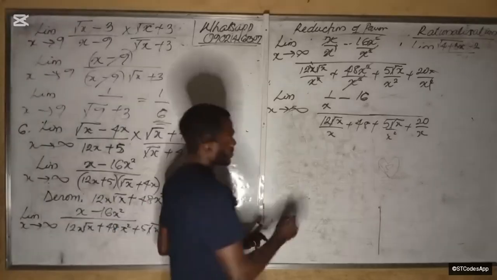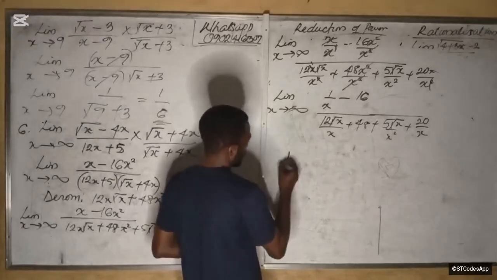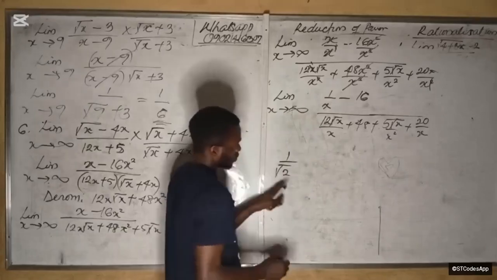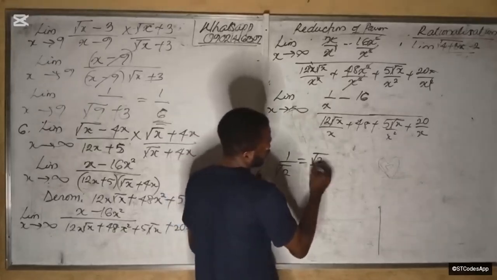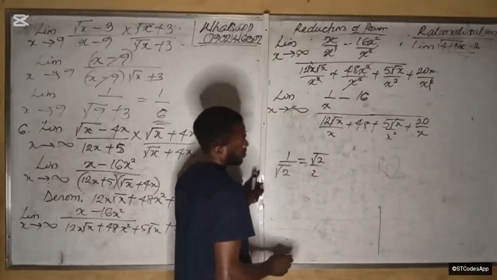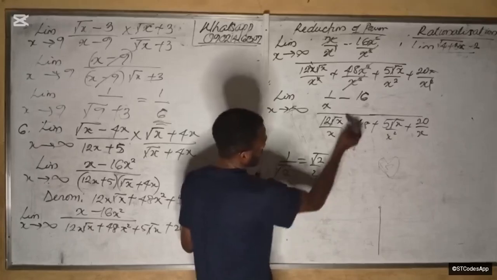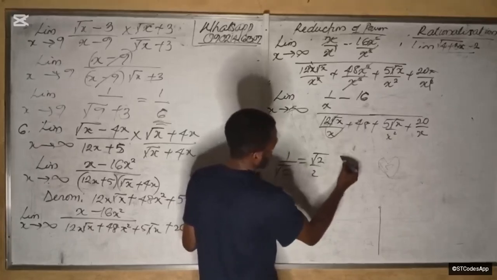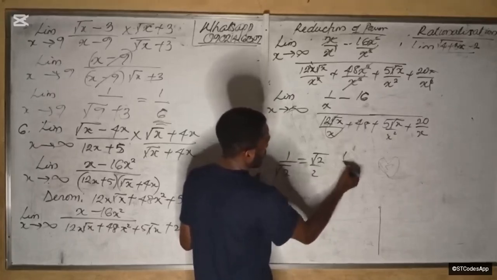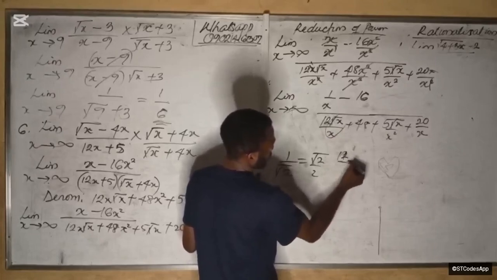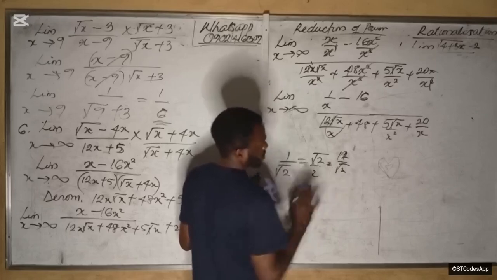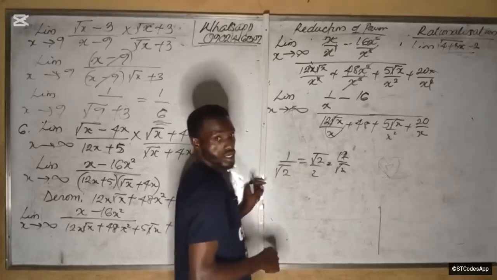Do you remember that 1 over root 2, you know it's the same as root 2 over 2, right? Okay, so you agree with me that this thing is the same as 1 over root x, so 12 over root x. You agree?